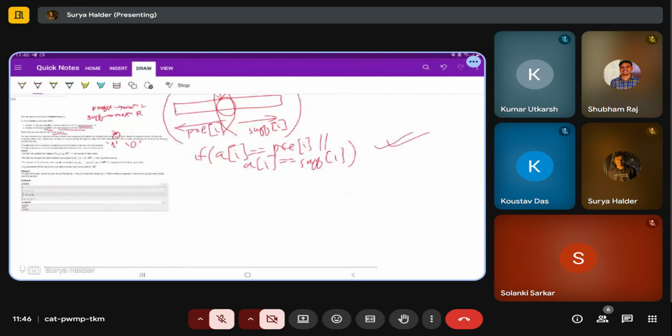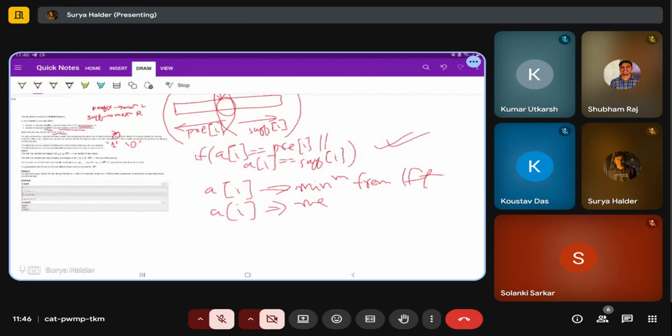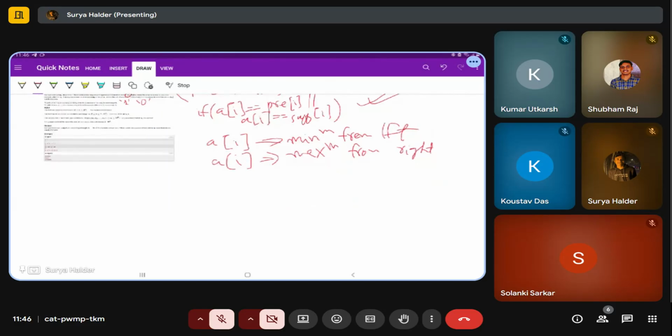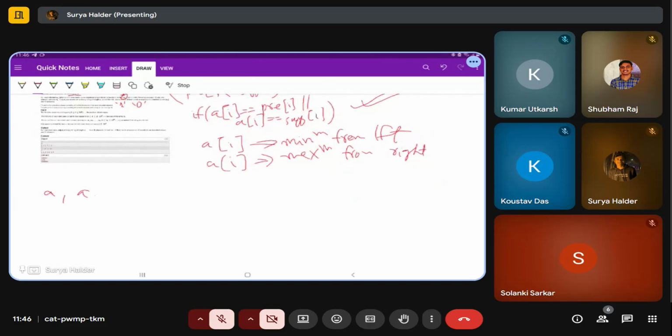So a of I must be the minimum from the left, or it must be the maximum from the right. For example, a1, a2, a3, up to ai, and then up to an.